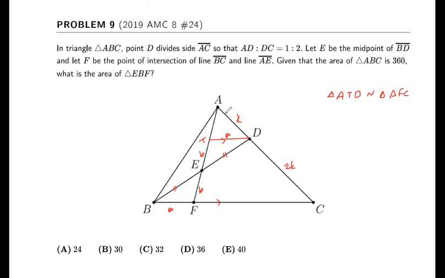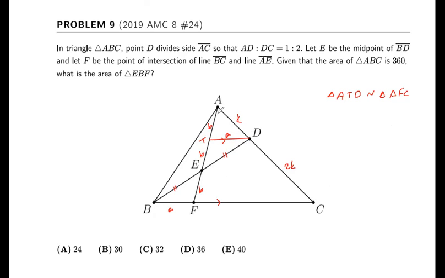So which will make the ratios the same. So AD is the side in the smaller triangle, and in the larger triangle AFC, the side is 3K, which is a 1 to 3 ratio. If you have a 1 to 3 ratio, it has to be the same for all the sides. So AT divided by AF, those are the corresponding sides, has to be 1 to 3 as well. That is why AT has to be B as well.